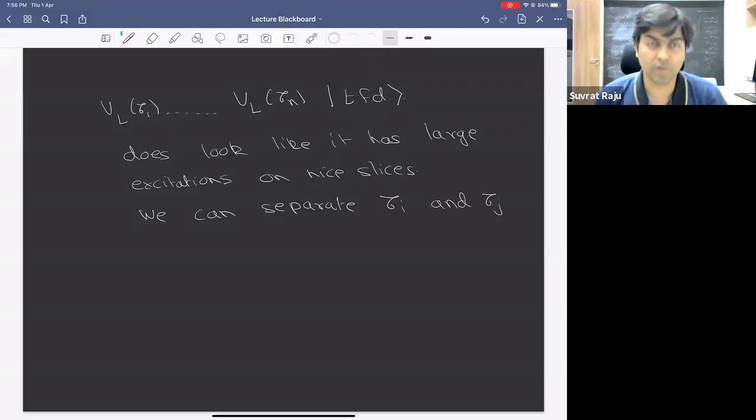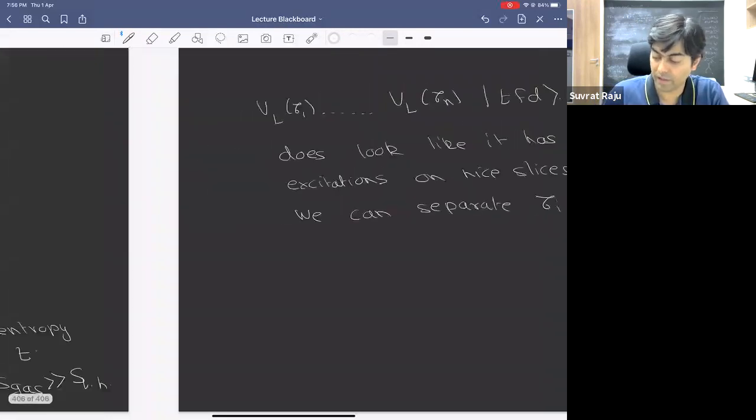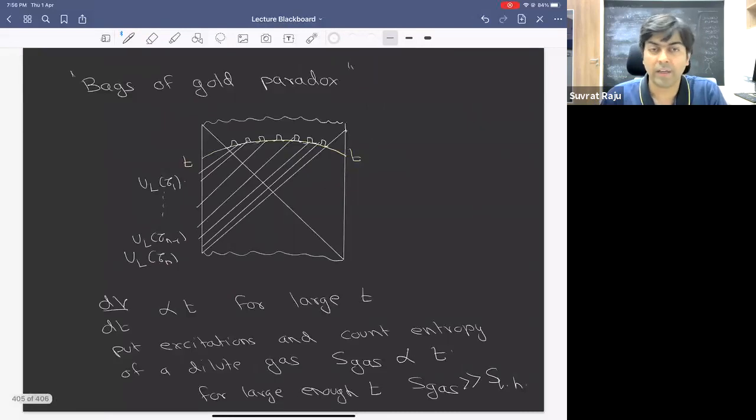So it just means we have these tau 1 to tau n, and we can just separate them. And so we can ensure that the distance in time on the boundary from where these excitations were sent is large. And that, if you just follow some simple semi-classical reasoning, would lead you to some set of excitations whose distance on these late time slices is large. And that just corresponds to this time separation on the boundary.